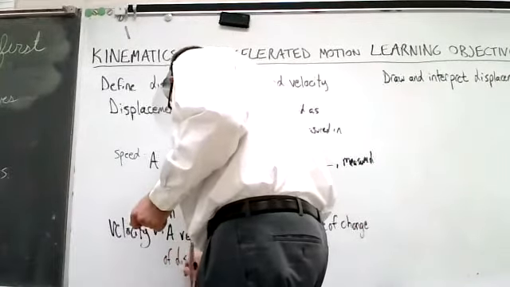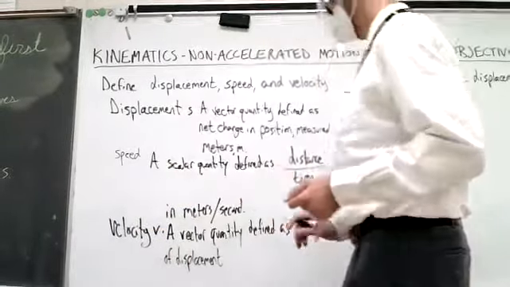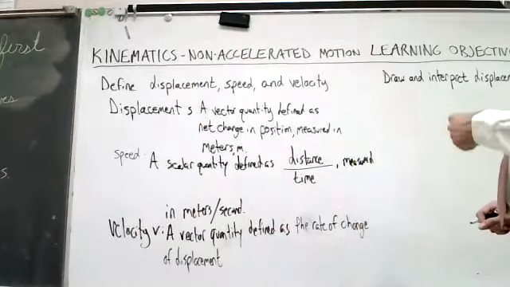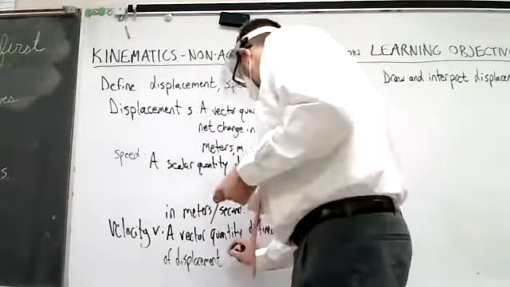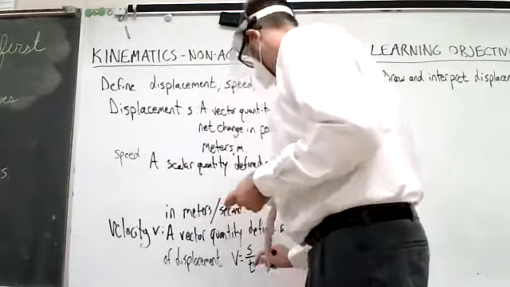If anything is a rate of change, like it's per time, you want to define it like that. A vector quantity defined as the rate of change of displacement, that is to say, V equals S over T.